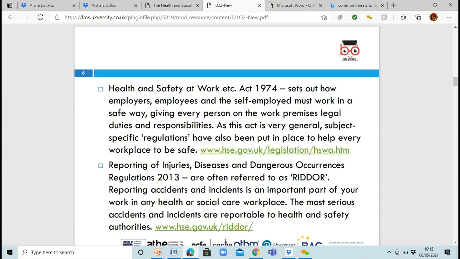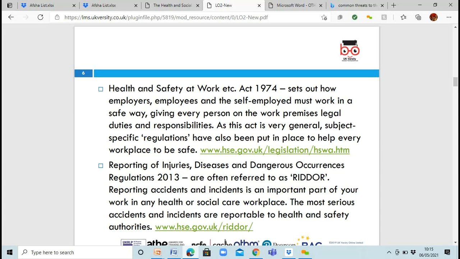So if you've got a care home, you've got patients, family members, care staff, colleagues, admin staff, everybody that's working there. It's the legal duty of the owners and the management of that setting to make sure that everybody that walks in is safe.